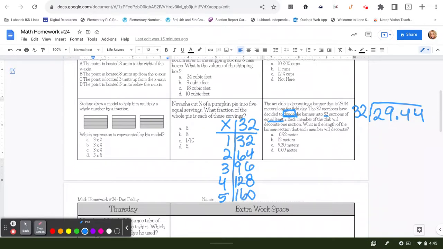Okay. You're probably going to have to go further than that. Times 6 is going to be 192, times 7, 4, 12, 224.